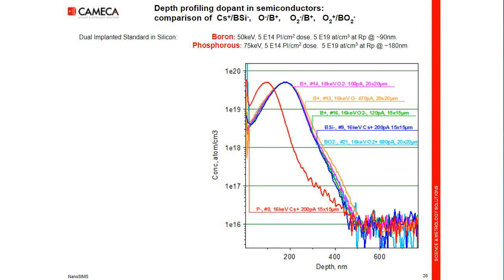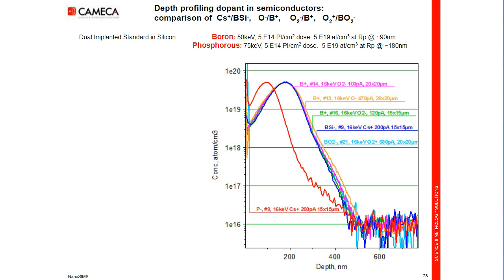The NanoSIMS is an imaging instrument, but it is also, by definition, a SIMS instrument, so a destructive instrument, so it can be used as a depth profiling instrument. So I show this example of a boron and phosphorus implant in silicon. It's a standard that we use to illustrate the flexibility of the conditions for depth profiling in the NanoSIMS.